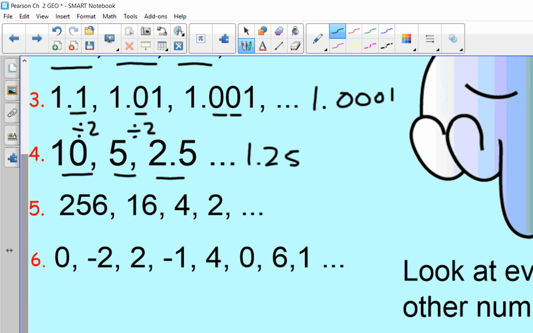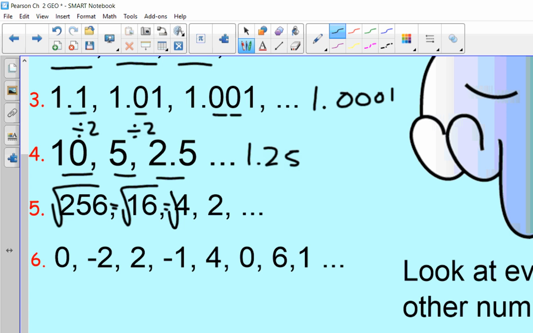Question number 5, a little bit different. So we're kind of increasing our abilities here. To go from 256 to 16, yikes, I'm not really sure about that. To go from 16 to 4, I'm not really sure about that either. And then I got to use some kind of pattern to go from 2 to the next number. So this one's a little bit tough, but if I take the square root of 256, I get 16. If I take the square root of 16, I get 4.